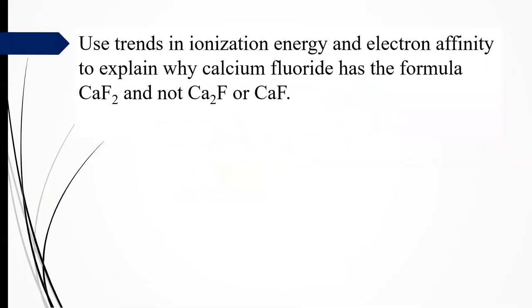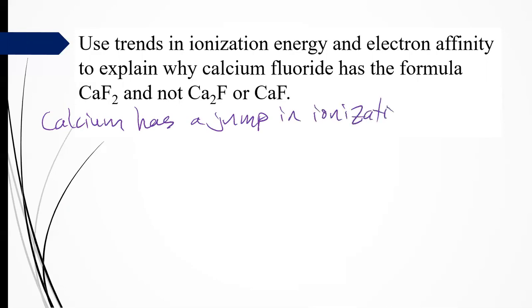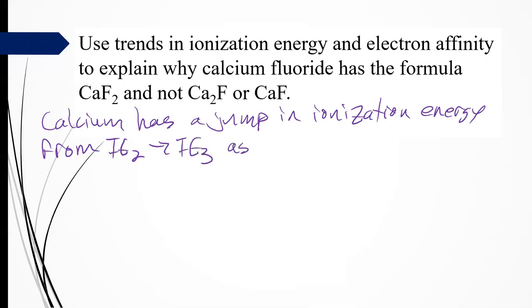This one's asking you to use trends in ionization energy and electron affinity to explain why calcium fluoride has a formula of CaF2 and not Ca2F or CaF. So you could say calcium has a jump in its ionization energy from IE2 to IE3 as it has 2 valence electrons.